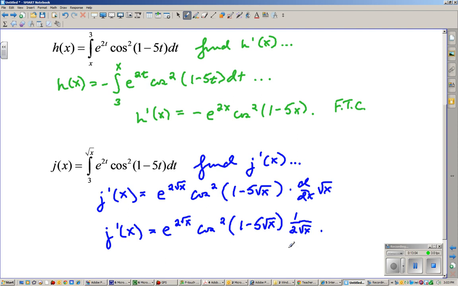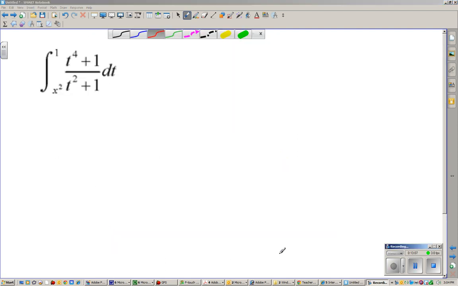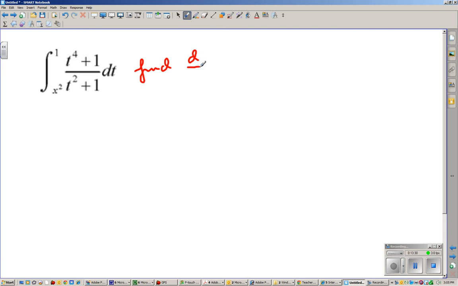Let's do one more example and then we'll be done. Now I didn't want to take you too far too fast, so I have this one still written in t, but notice I don't have the g of x out front. So you will see things like this, and the instructions will say, find d dx, find the derivative, or differentiate.